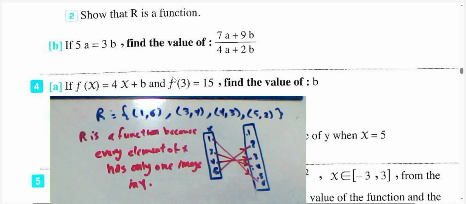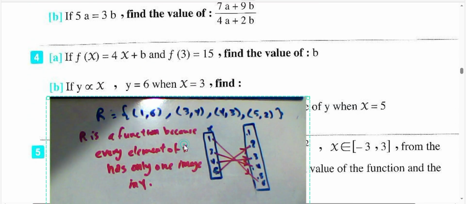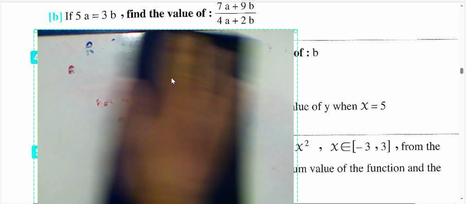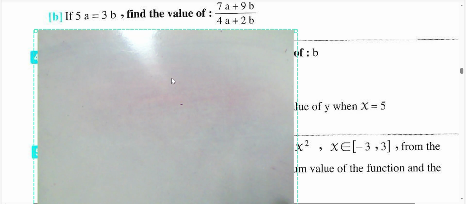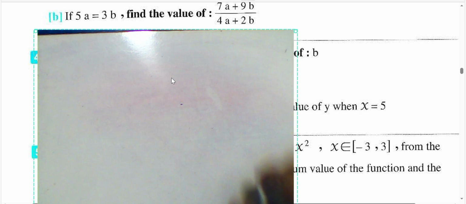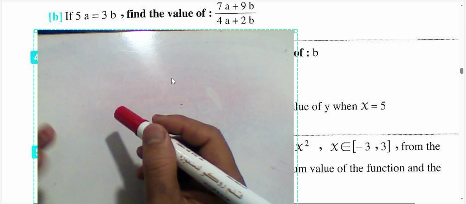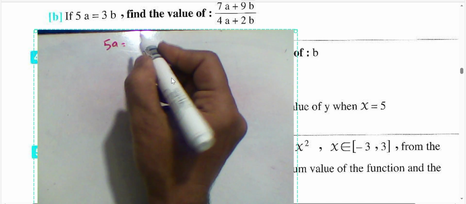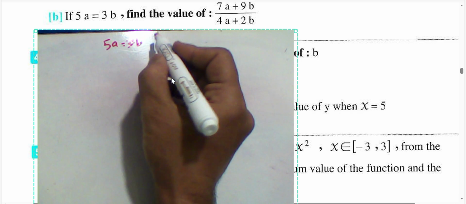Next question. If 5a equals 3b, find the value of this expression here. We have 5a is equal to 3b.